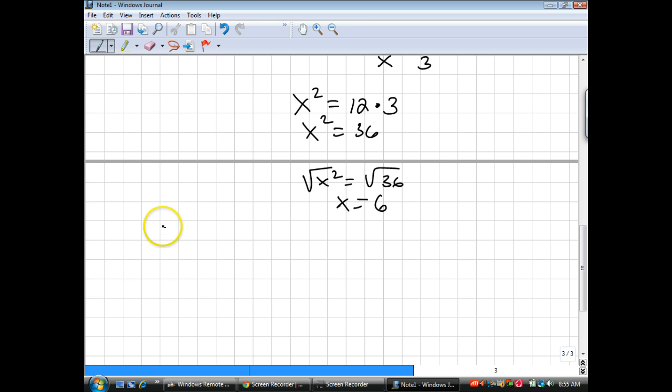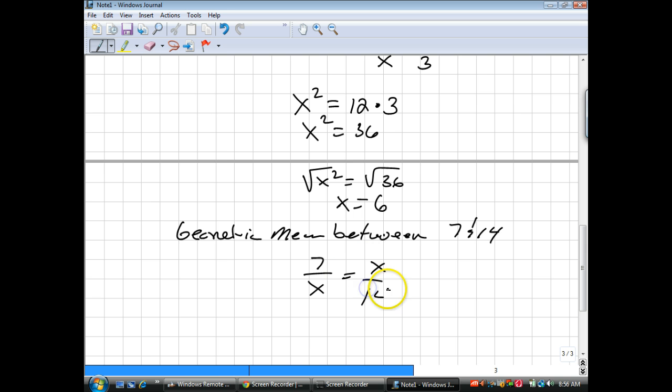So what if I want the geometric mean between 7 and 14? So it would be 7 over X equals X over 14. And again, notice that the means are the same number.